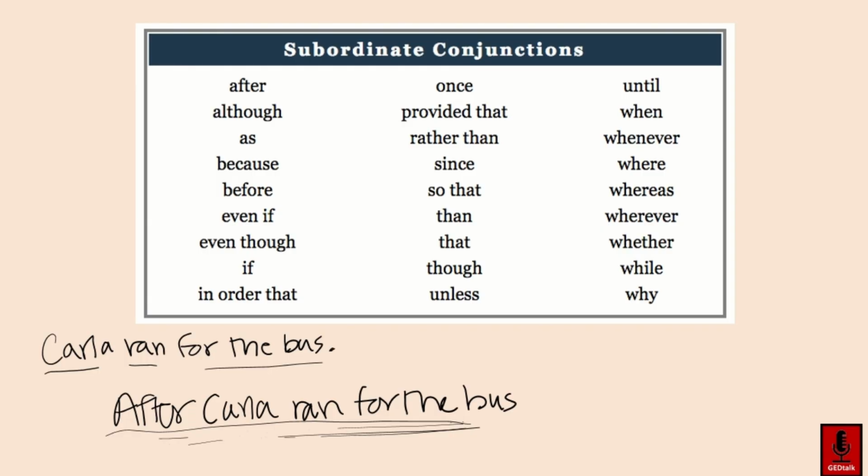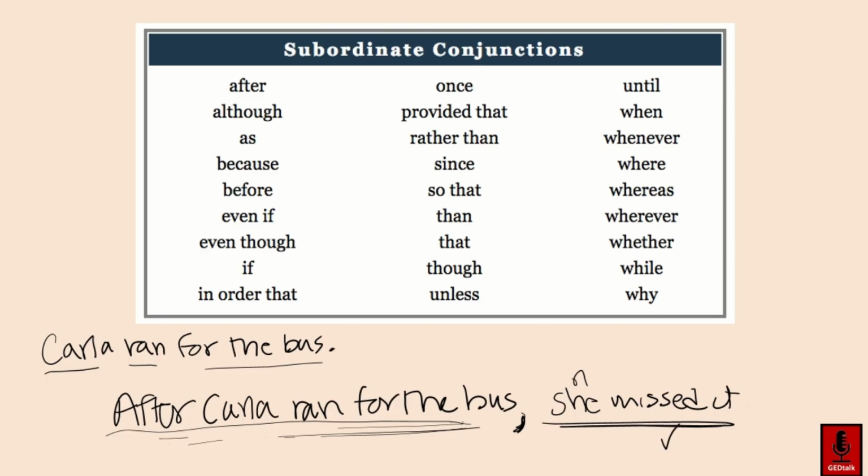And we would have to complete that by adding a comma, and we're going to see the rule about dependent clause, independent clause, complex sentences, and the comma. But I need to now introduce the rest of this thought with an independent clause. So what happened after Carla ran for the bus? She missed it. She missed it is a perfectly legit, simple sentence.